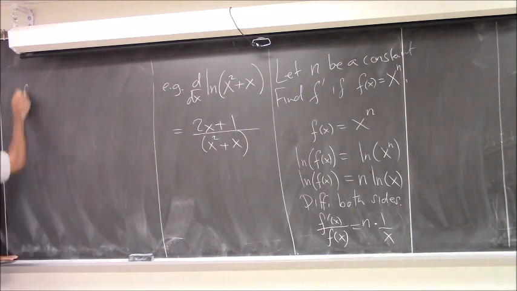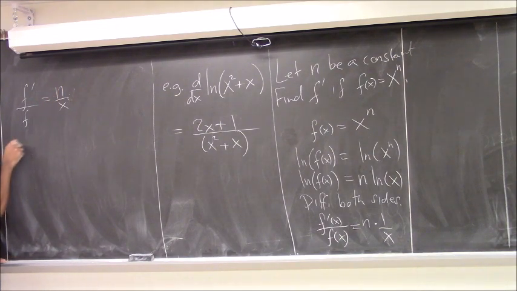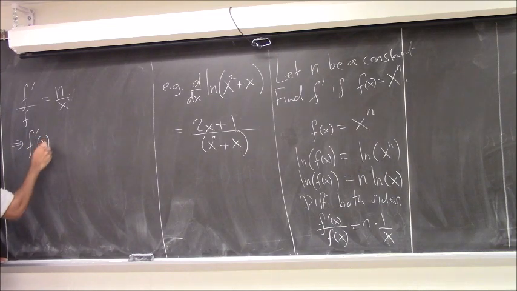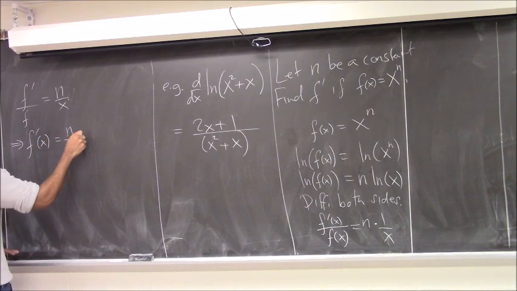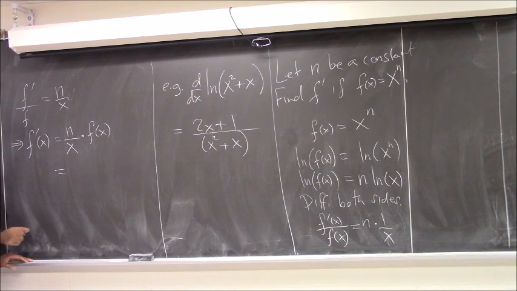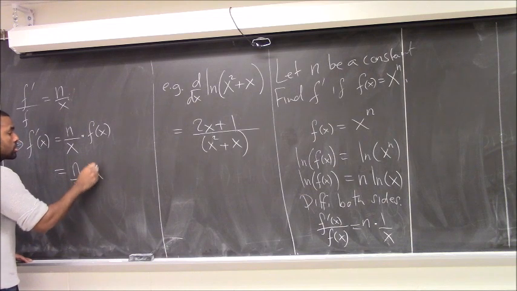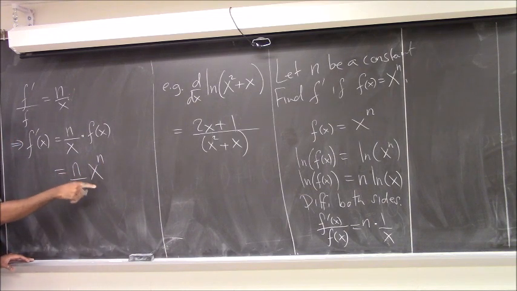So let me rewrite that. We now have f prime over f is equal to n times 1 over x. If I solve for f prime of x, this is just n divided by x times f of x. What is f of x? x to the n. Now the laws of exponents take effect.